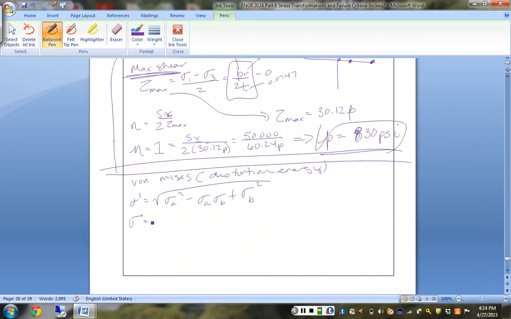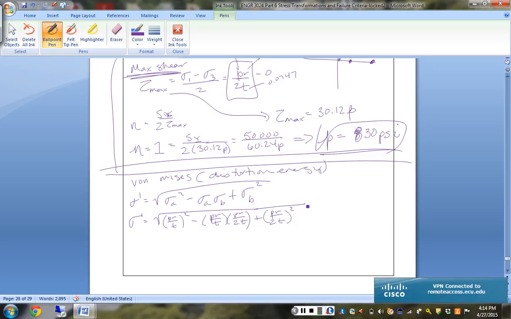So that's going to look a little something like this. PR over T quantity squared minus PR over T times PR over 2T plus PR over 2T quantity squared. Well, we can do a little factoring.